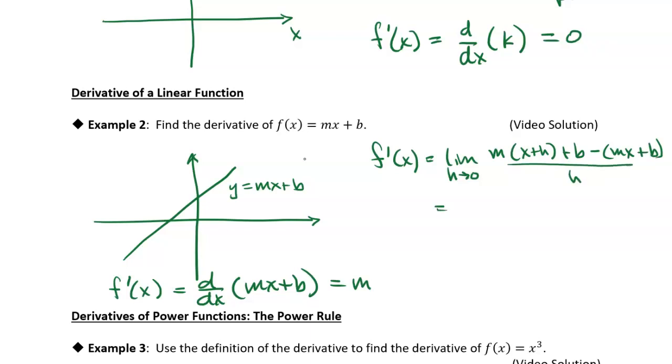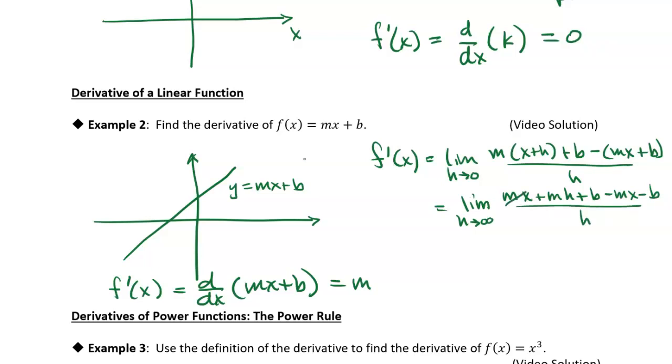Okay, so we have to do a little algebra, and I don't know if this is really all that necessary because it's pretty reasonable that you're going to get m, but let's just do it as an exercise. I'm just distributing the m, plus b, and then minus. I'm going to distribute the negative, minus b. And then you can see that we have some things that cancel.